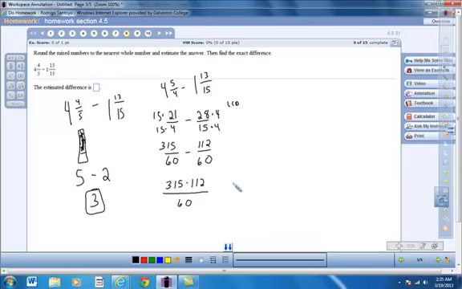Keep our denominator the same. And we do 315 minus 112 gives us a solution of 203 over 60. Now we could divide.